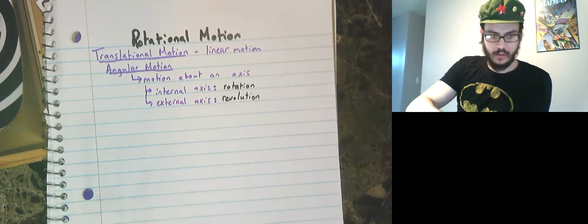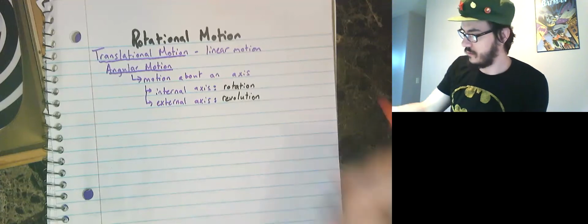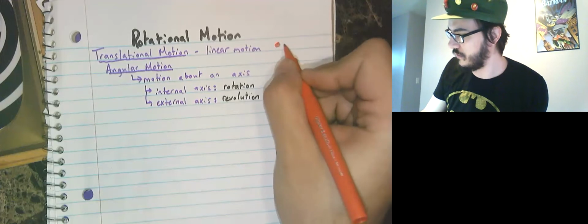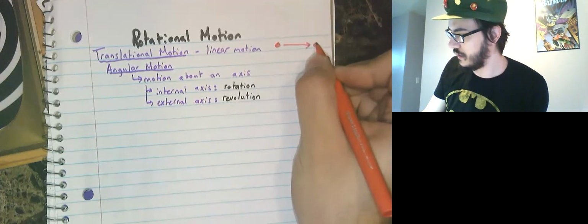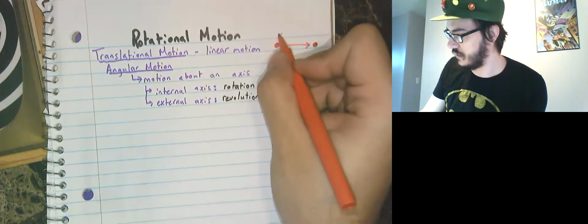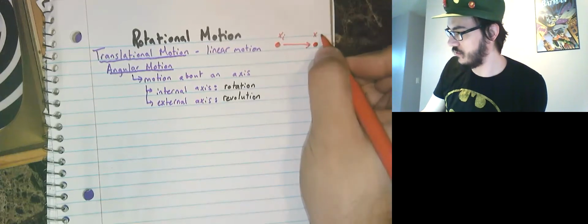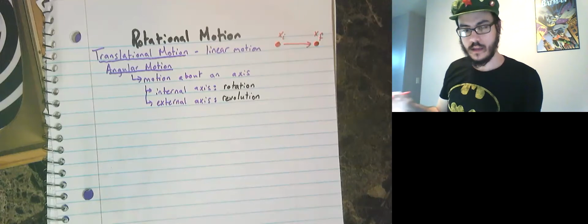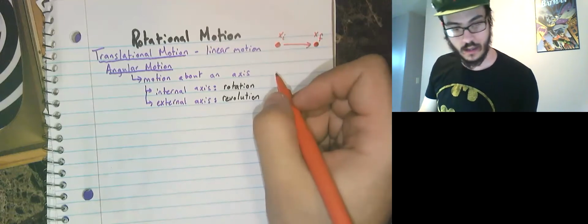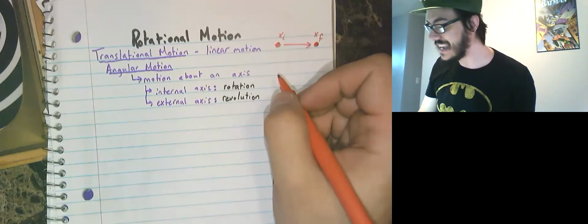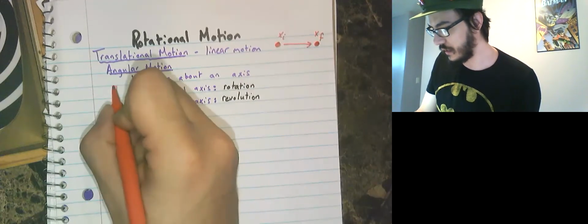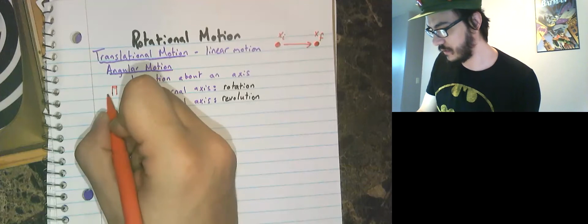For an example of each, translational motion would be like taking a particle and moving it through one dimension from an initial to a final position. Angular motion around an internal axis could be something like a toy top.